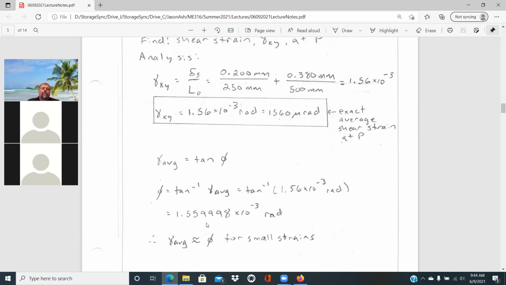I think that clarifies the difference between the shear strain and the resulting angle. The shear strain is fairly close to that angle out to the fourth decimal place, where we see the differences start to show up. But we can see that the average shear strain is approximately equal to that angle theta for the small strains that we have here.